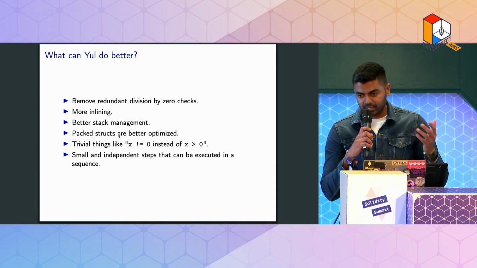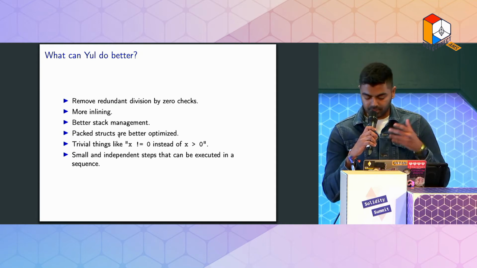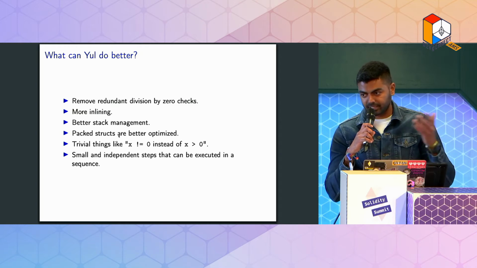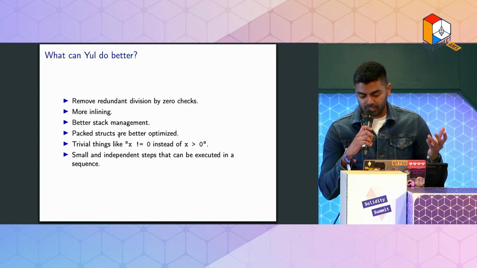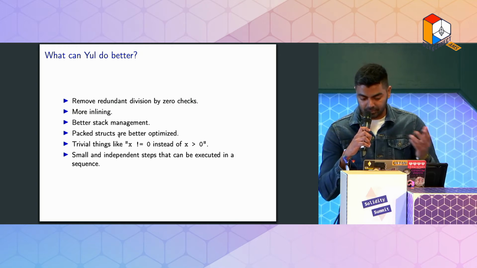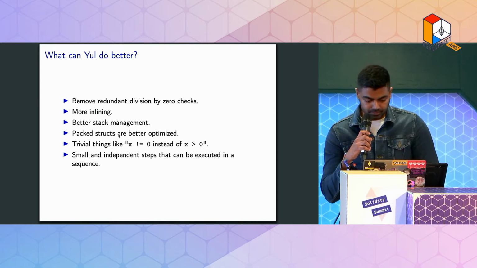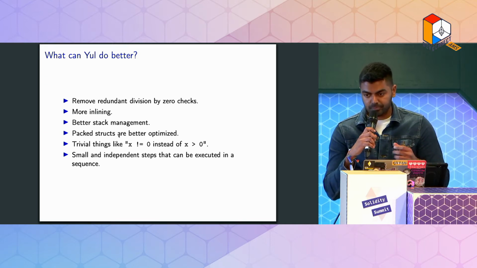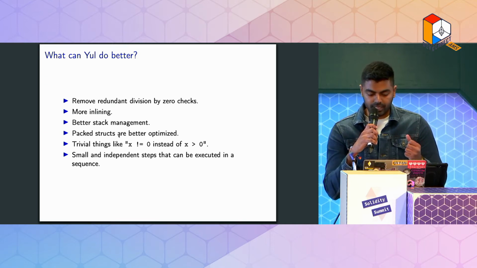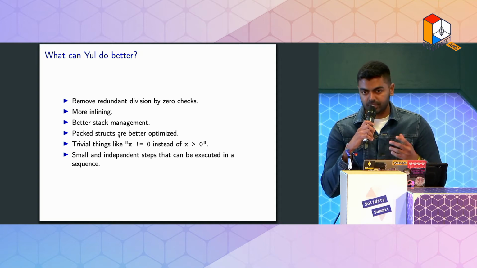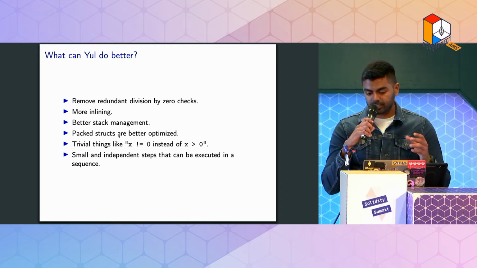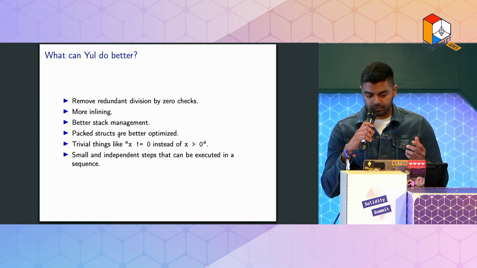You always hear trivial things like use x not equal to 0 instead of x greater than 0. These things are completely redundant in the UL-based codegen and optimizer. And speaking of the design, UL has a set of small and independent steps that can be executed in a sequence. So it's much easier to build these optimization rules, and it's much easier to reason about the correctness.